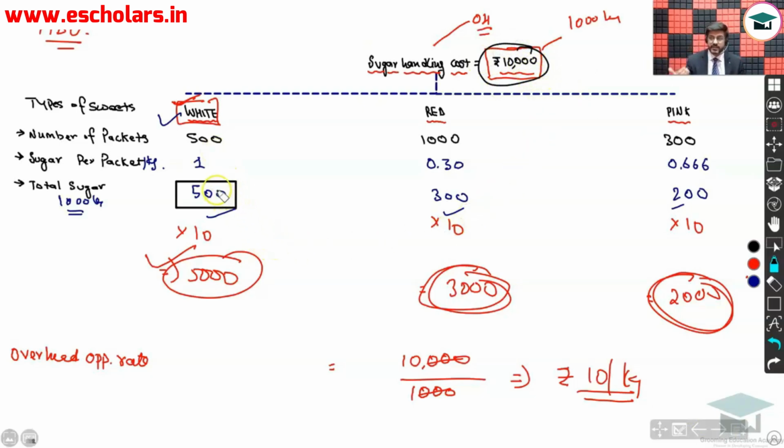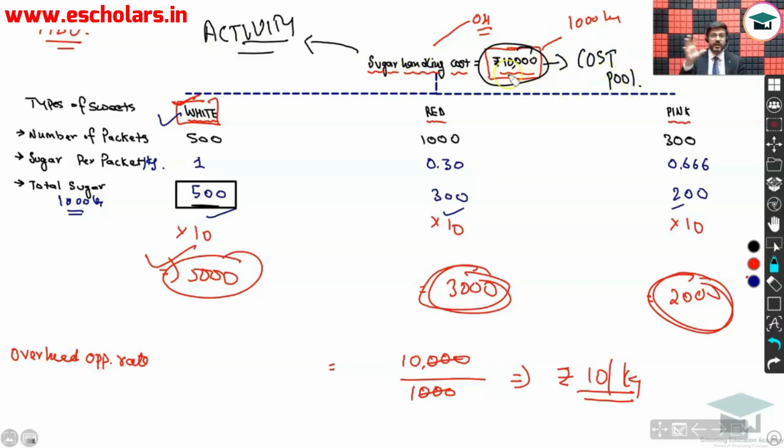Sir, on the basis of weight. Pay attention. So this sugar handling is your activity. And what is the cost of this activity? This is 10,000.